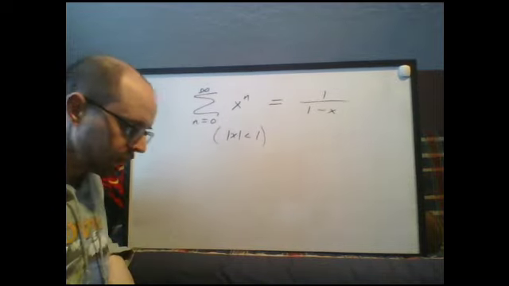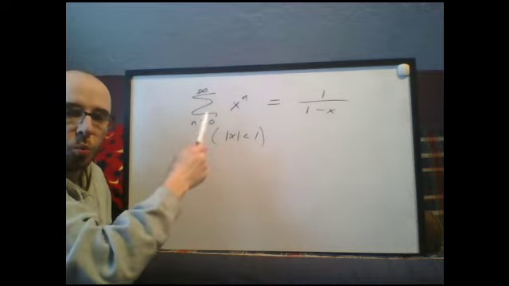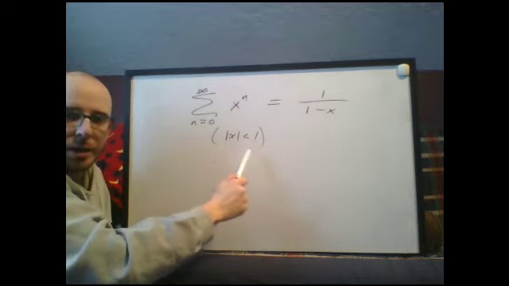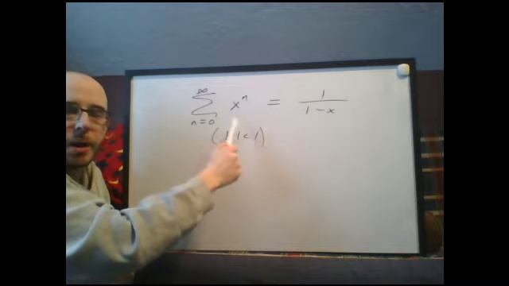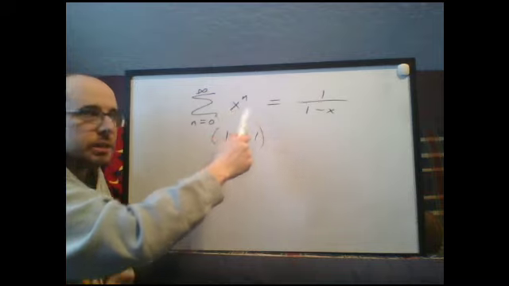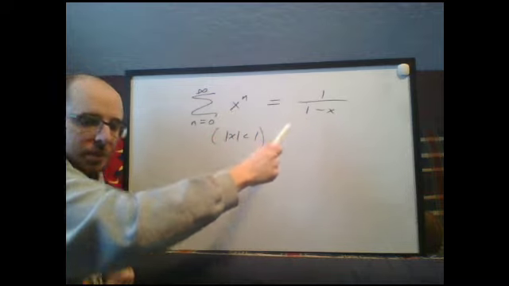Okay, so what we can say then is when this power series is convergent, and we know it's right here on this interval, as a function, this is the same function as 1 over 1 minus x.